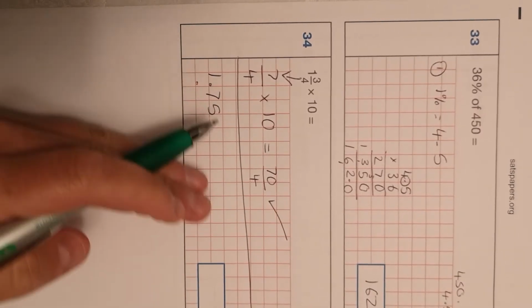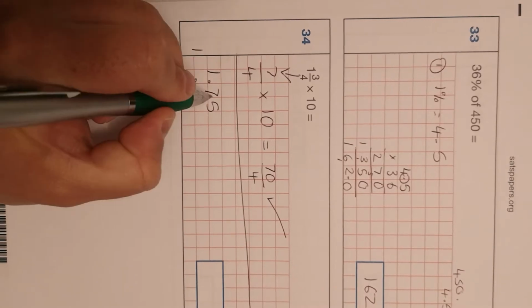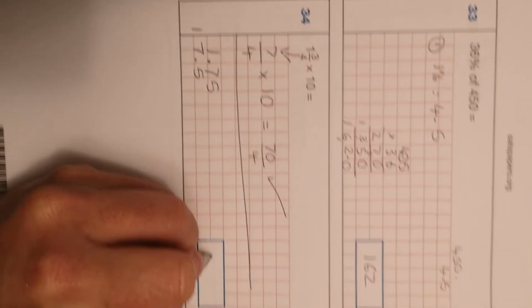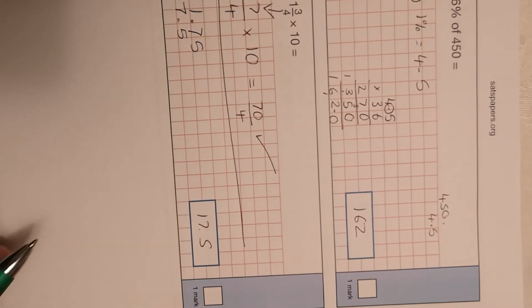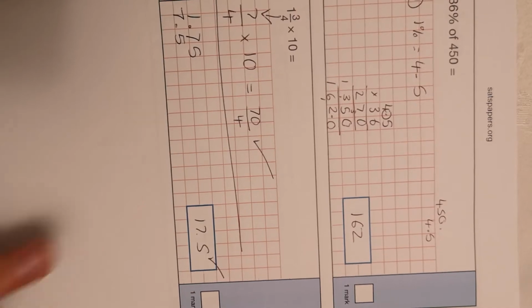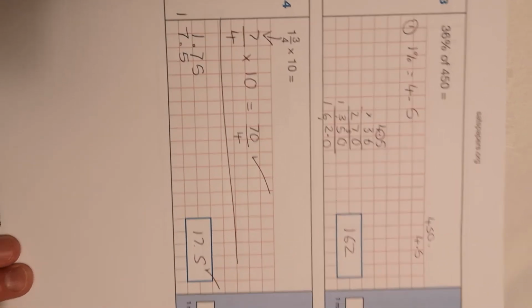Times by 10, really nice and easy. Everything moves one space to the left, so 1, the 7, the 5. 17.5 is again absolutely fine for an answer. So both methods, absolutely fine, doesn't matter which way you do them.